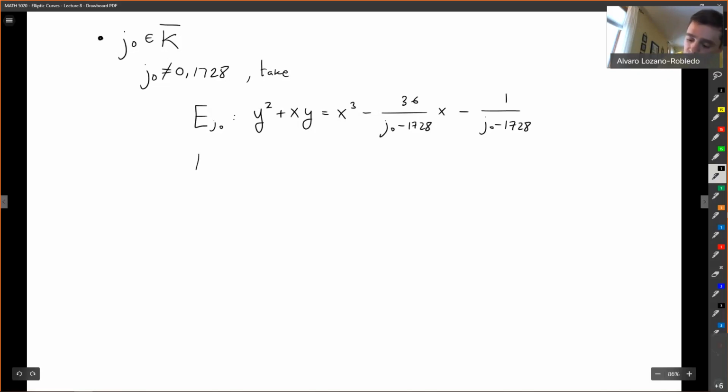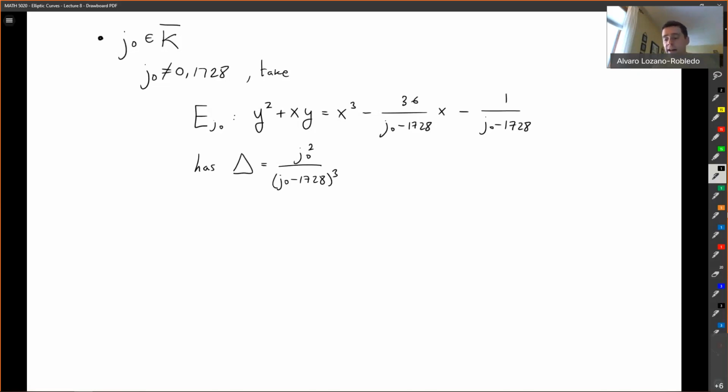This model has a discriminant. I can compute it for you. The discriminant is j naught squared over j naught minus 1728 cubed, and then you see that as long as j is not 0 or 1728, the discriminant is non-zero and not infinity, right?